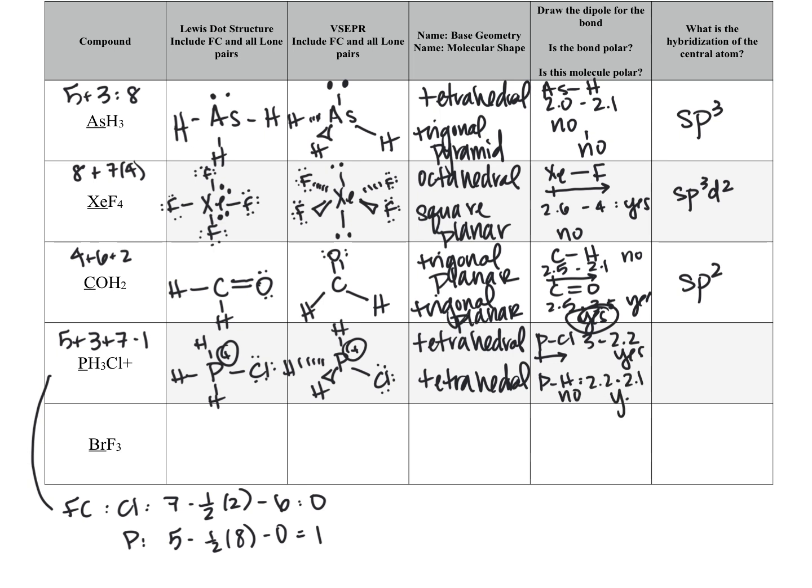So when we look at polarity of molecules, we want to think about the direction in which it pulls. In this case, the phosphorus-hydrogen bonds are not polar, but the phosphorus-chlorine bond is. And so we have an overall polar molecule. And what is the hybridization? That is sp3. Whew. Now we're on to our last one.